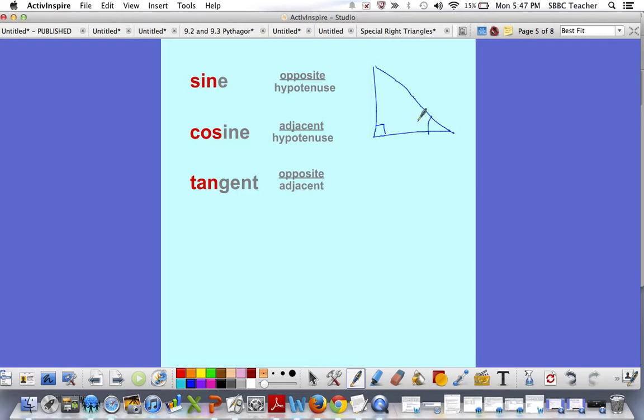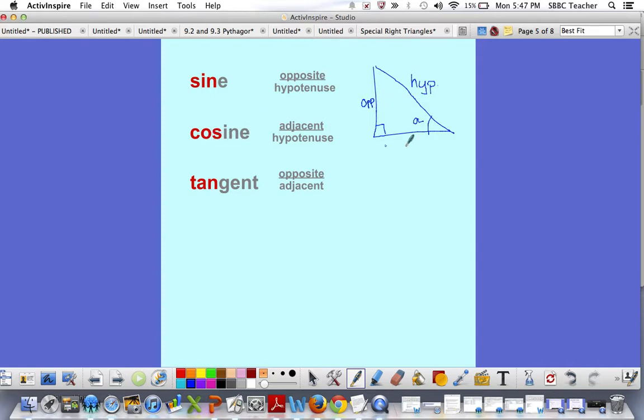Let's say this is the acute angle. The sine function is opposite, which is right here. I'm going to put OPP for opposite. Opposite over hypotenuse. So the sine function is the ratio of the opposite side over the hypotenuse.